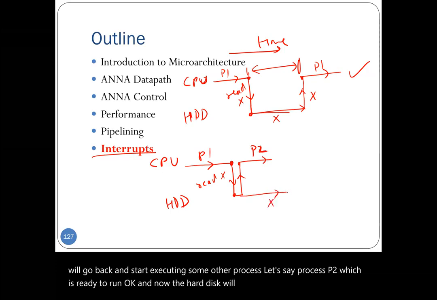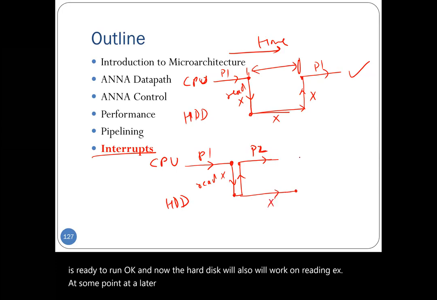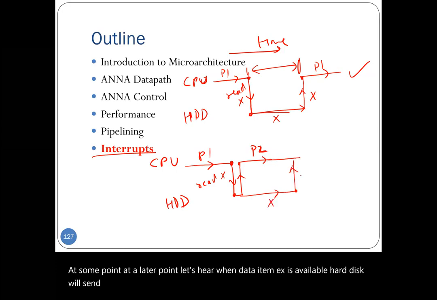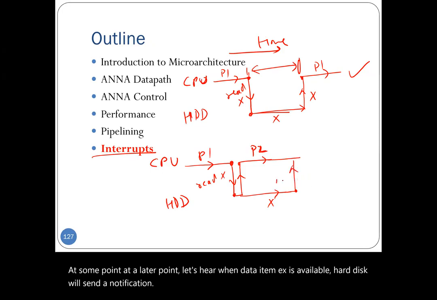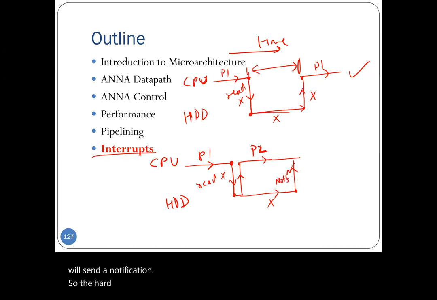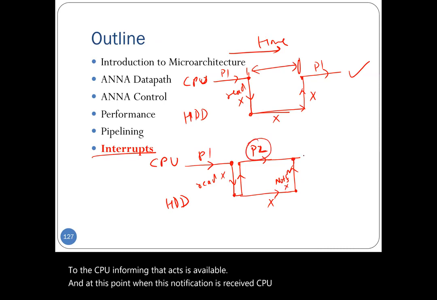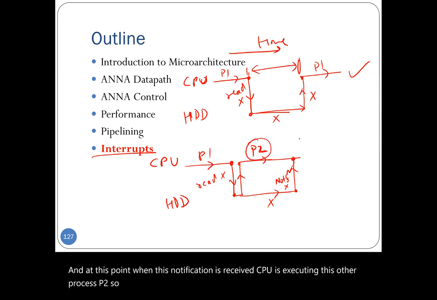At a later point, let's say here, when data item X is available, the hard disk will send a notification to the CPU informing that X is available. When this notification is received, the CPU is executing this other process P2. So the CPU will basically suspend process P2.